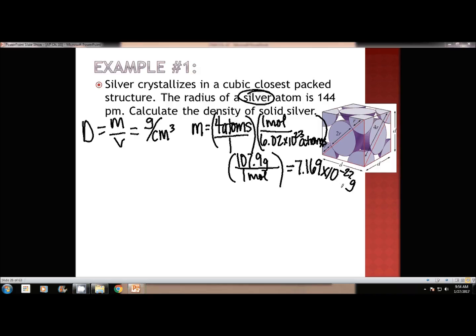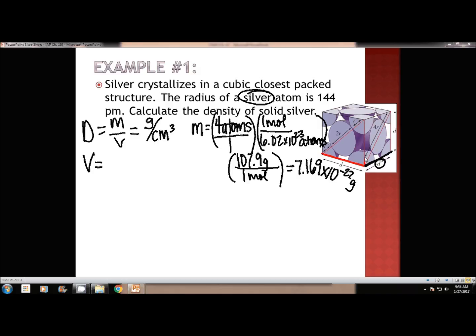Now we need to figure out the volume. Well, the volume of a cube is the edge cubed, right? In our picture, it's showing us that the length of a side is labeled as d. And it also shows us that there's a triangle. I'll trace that in red.